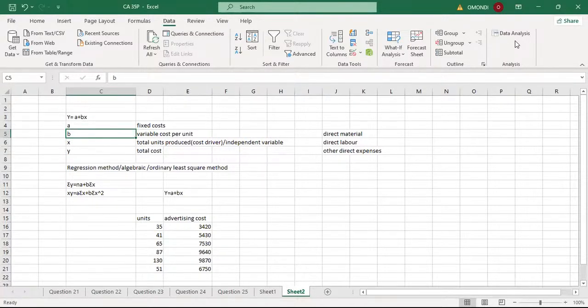Do you have Data Analysis appearing on your screen when you move to this ribbon of Data? Yes, no, yes.